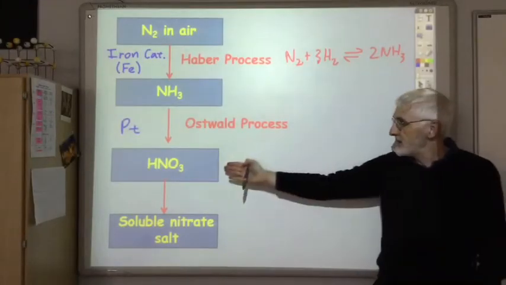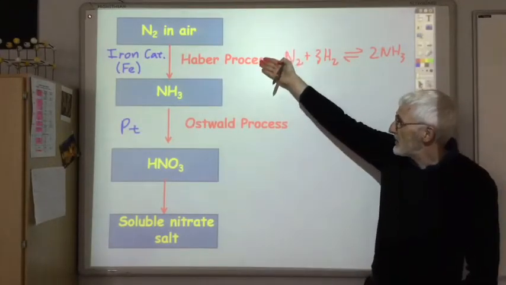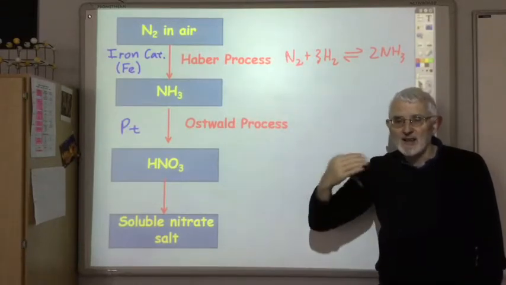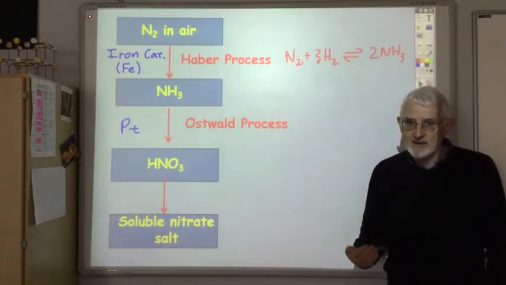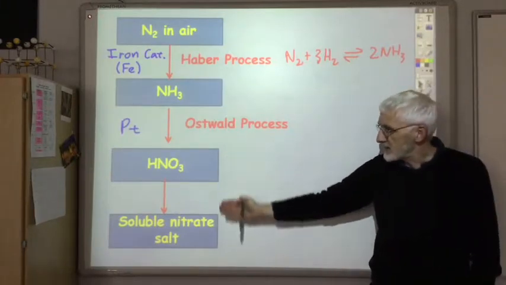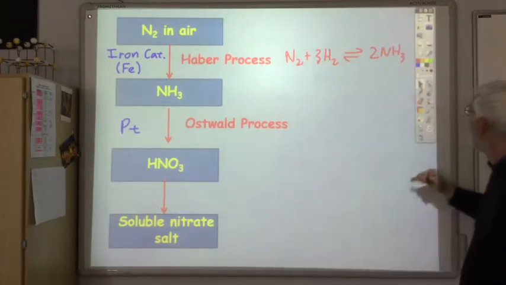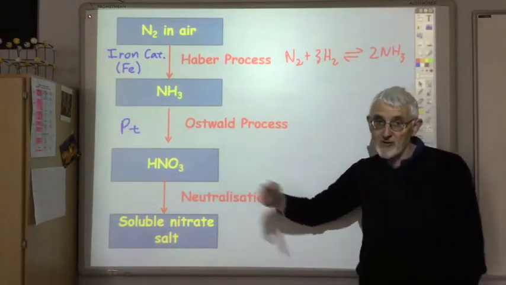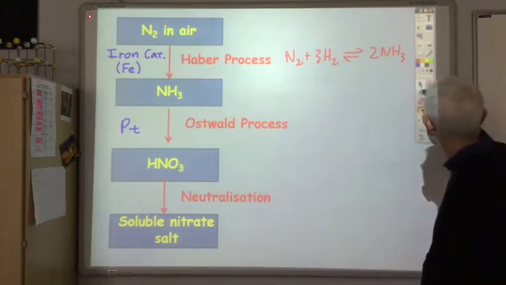Okay, so we made our nitric acid by a combination of the Haber process and the Ostwald process. We can't just put nitric acid onto soil because it's far too acidic. So we turn it into a soluble nitrate salt by a neutralization reaction. So most reactions involving acids are going to be neutralization reactions.